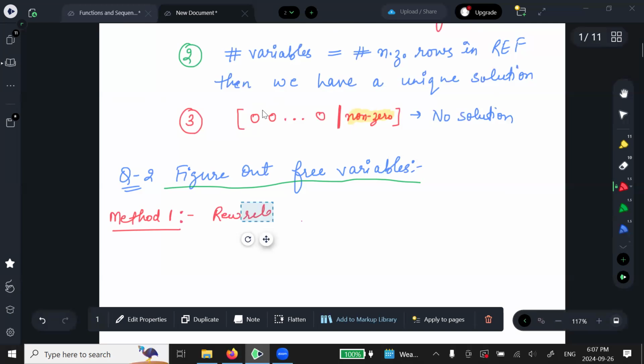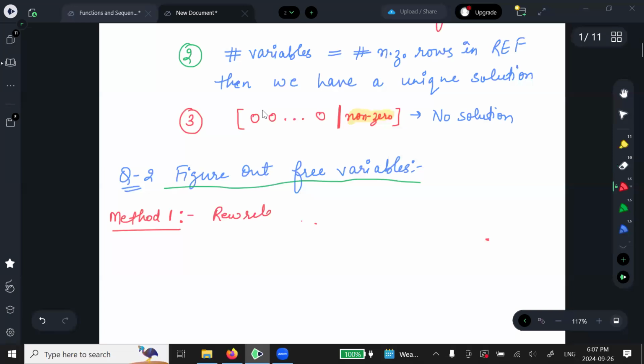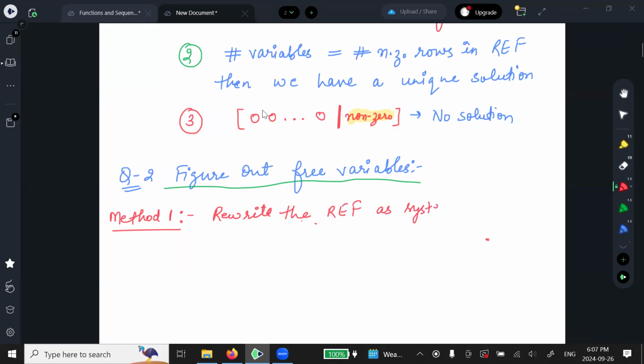Sorry, hold on. Rewrite the REF, the reduced matrix, as system of equations again.